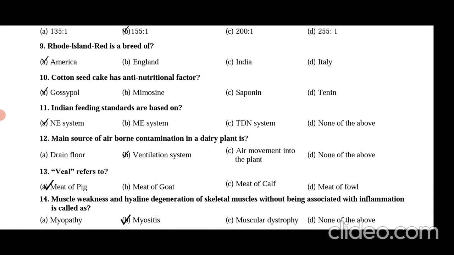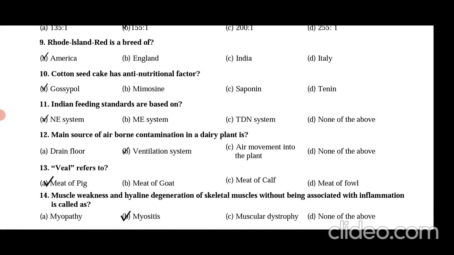Arabian people prefer to eat veal, the meat of calf. Muscle weakness and hyaline degeneration of skeletal muscles without inflammation is called myositis.